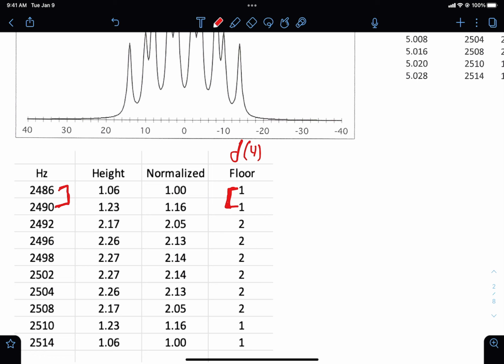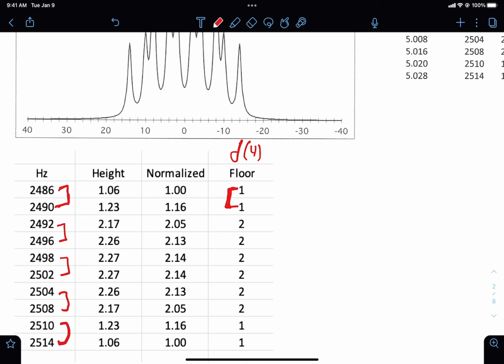Here we have a 2-to-2 at 4. Here we have another 2-to-2 at 4. Another 2-to-2 at 4. And another 1-to-1 at 4. So all of those are doublets with a splitting constant of 4.